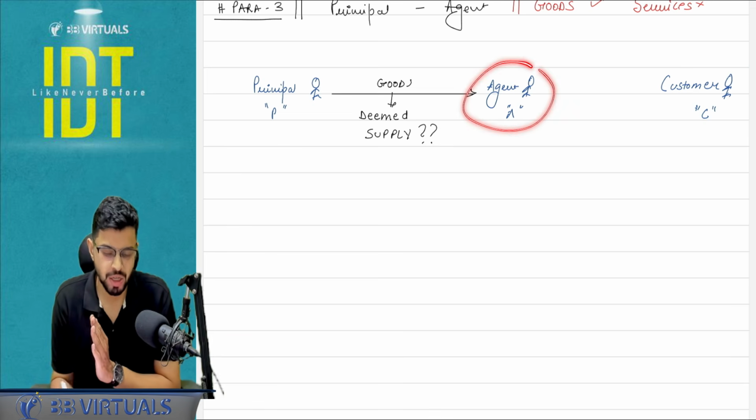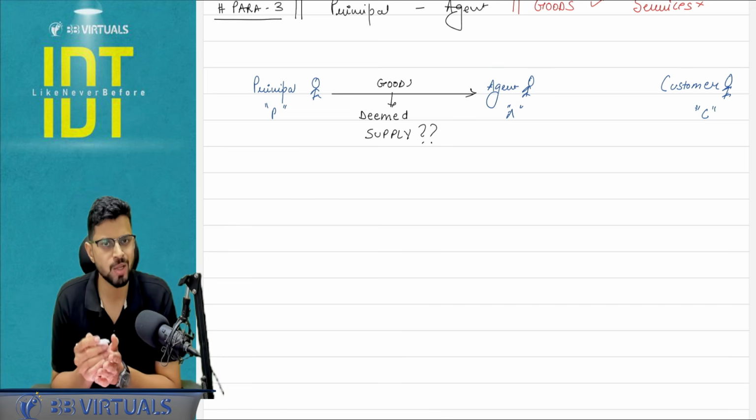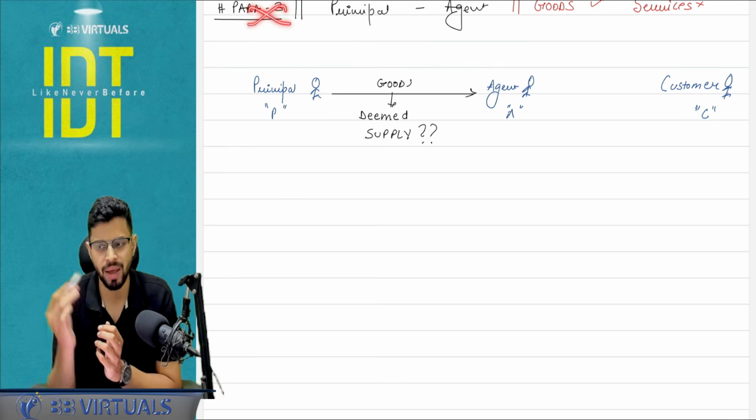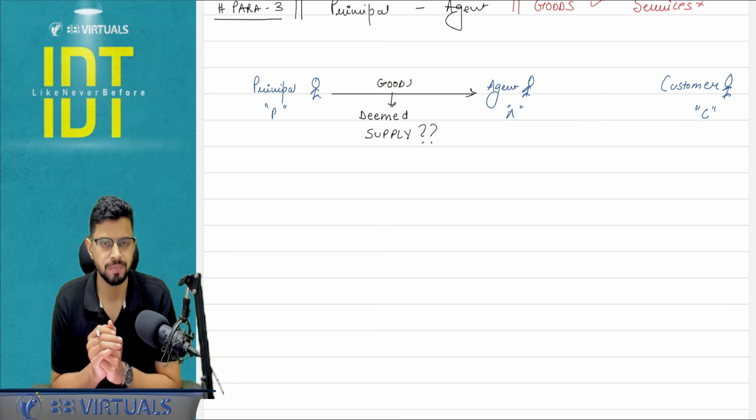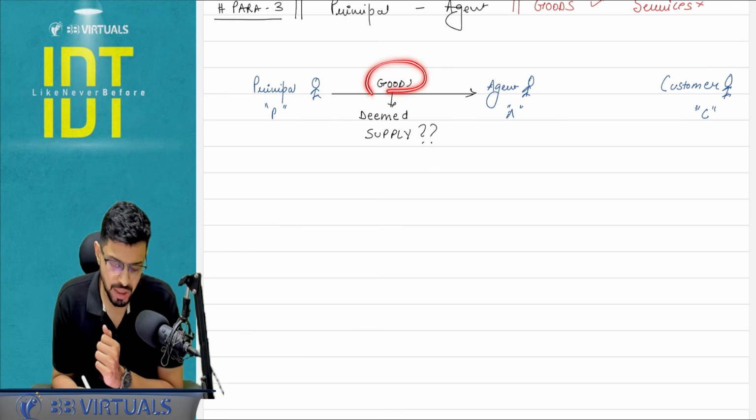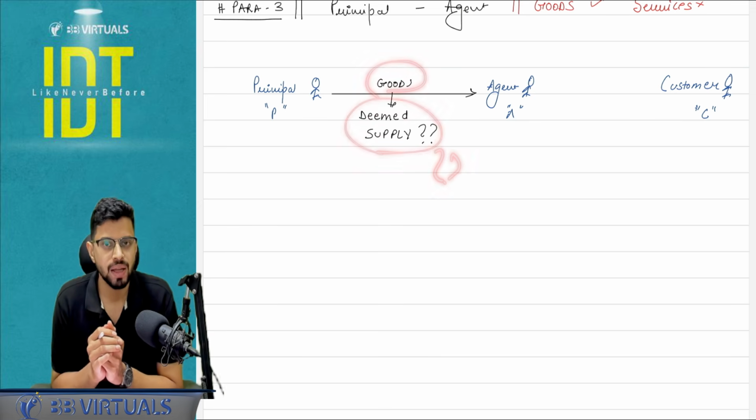He's a normal agent, not a sole agent. If it were a sole agent, I wouldn't need to analyze para 3. Para 2 would have covered the situation. So this transaction, is it a deemed supply or not?